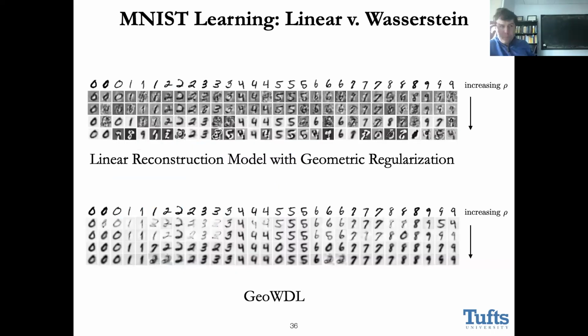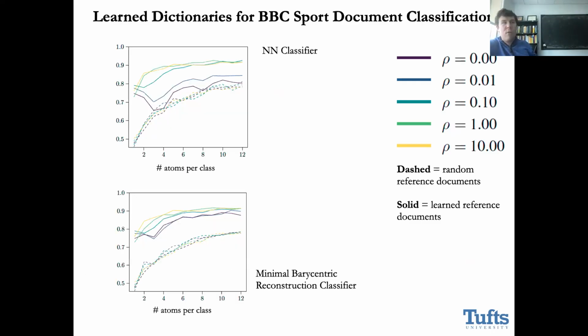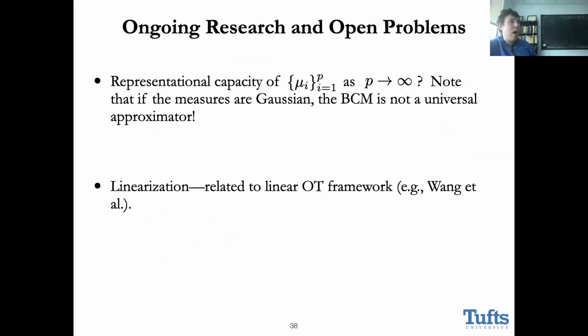Compared to linear reconstructions or to classical Wasserstein dictionary learning with no regularization, the atoms that we learn are much clearer and more representative, at least in the case of learning MNIST generators from data. And we can run these on some natural language processing tasks, which I skipped over earlier, and see a pretty good jump in performance when using our method. So we think it's worth doing.